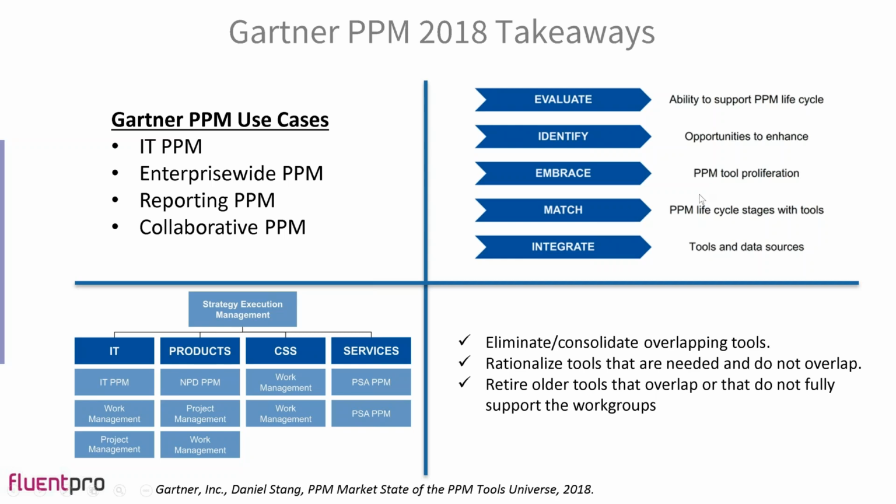There is tool proliferation going on, and in the context of Office 365, there's Planner, there's SharePoint Online, there's other ways of going about working. So if you're an Office 365 organization, we have to embrace that there's different modes of work and different tools that are going to come to the table. The focus on matching life cycle stages with tools goes again with the life cycle that we talked about earlier.